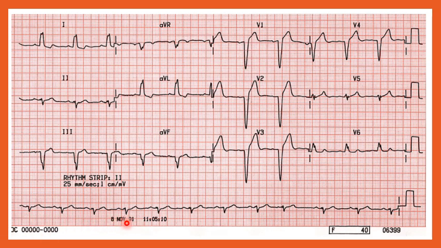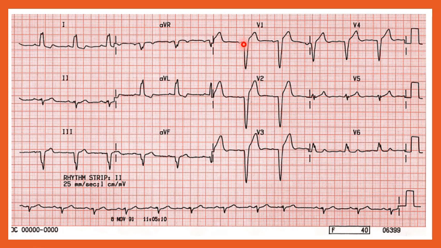Down here at the bottom, we can look at the rhythm strip and say, okay, I know this patient is in sinus rhythm. And so sinus rhythm with, well, let's look at the shape of the QRS complex in V1 and V6. Now, this really helps us out a lot, right? Because you look over at V6 and you see the M there. And over in V1, you see this very negatively deflected S wave.